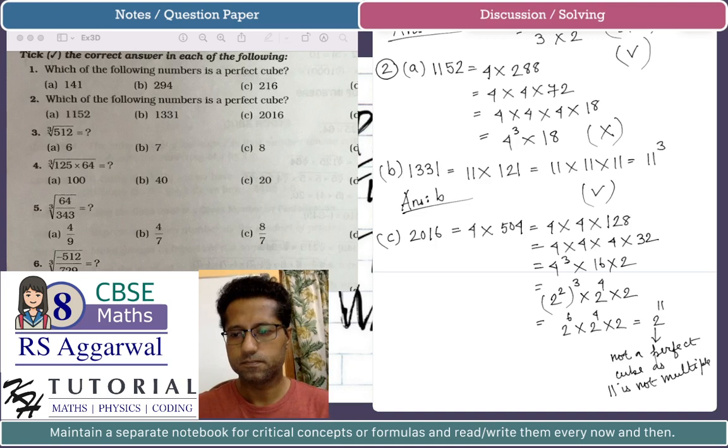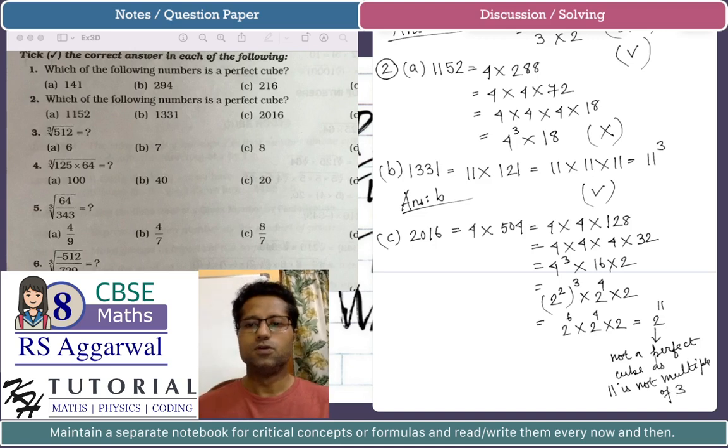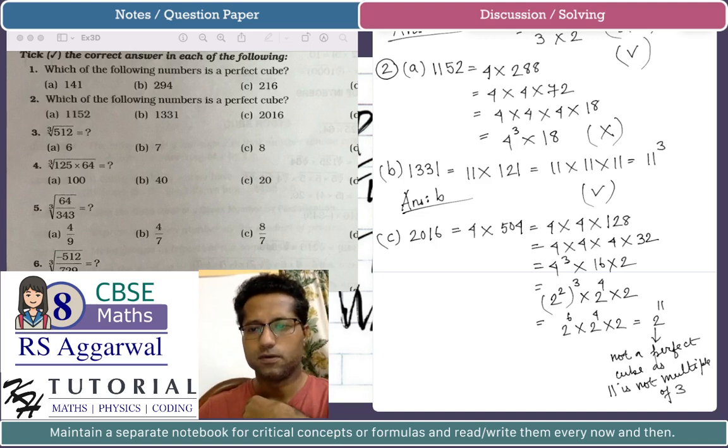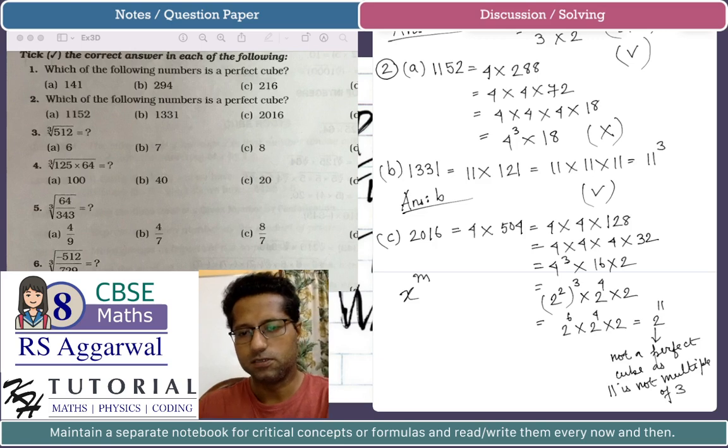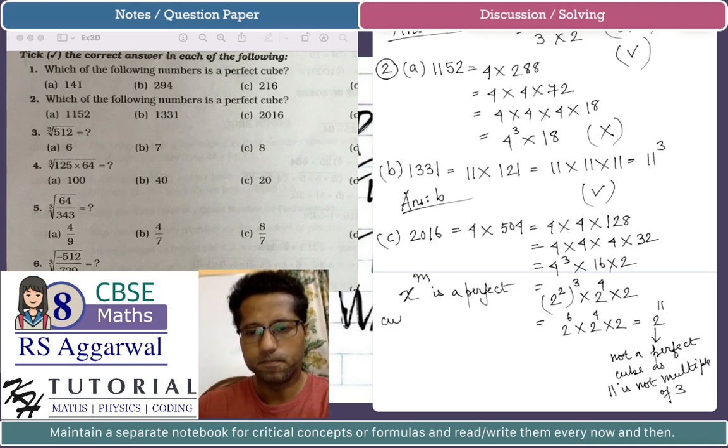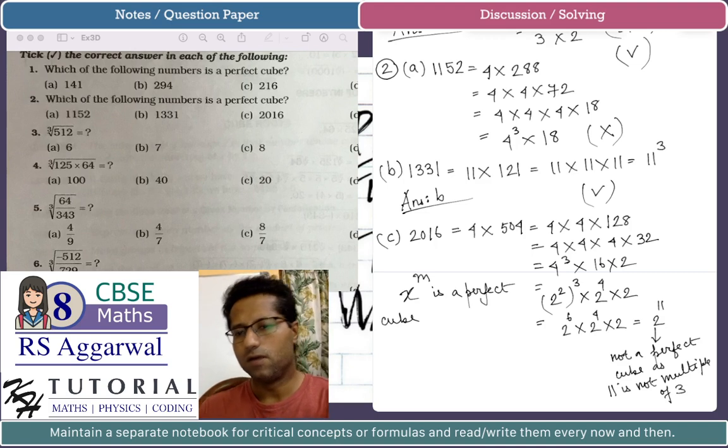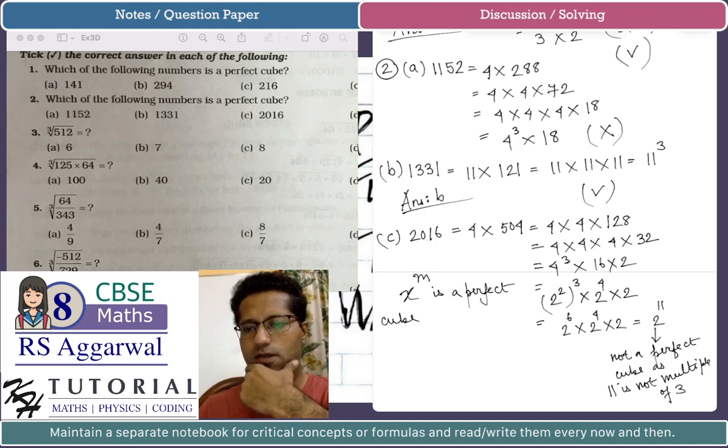So one concept is that if you have an exponential term, let's say x is some non-zero rational number, and we have a power m. If this is a perfect cube, well, a perfect cube means a natural number for which there exists another natural number whose cube is that perfect cube.